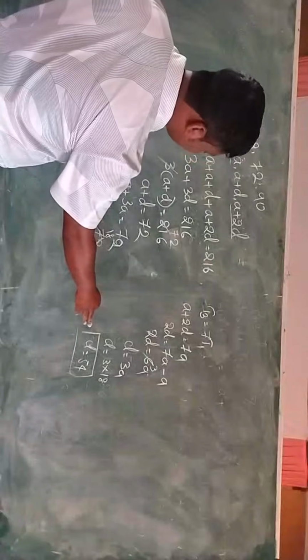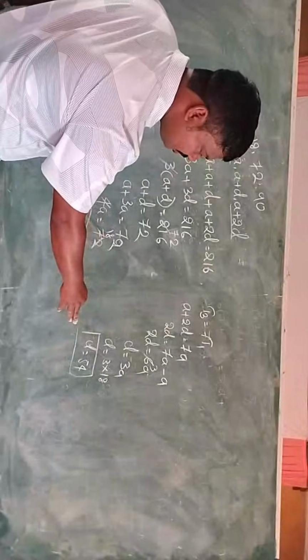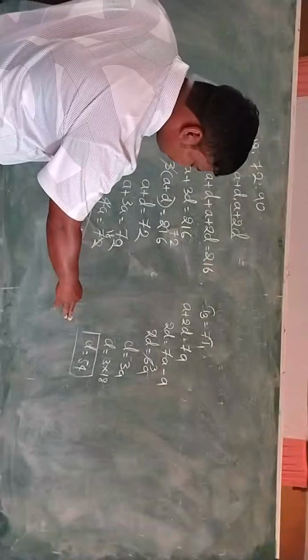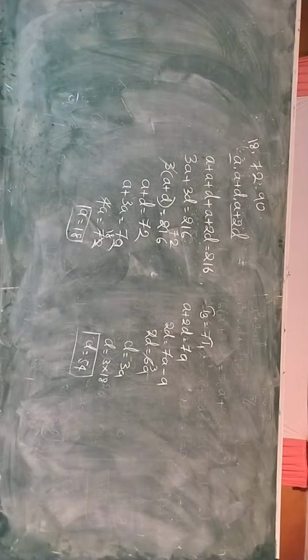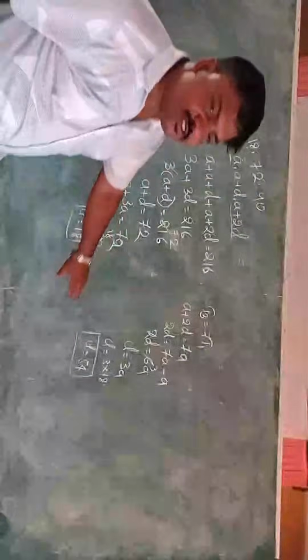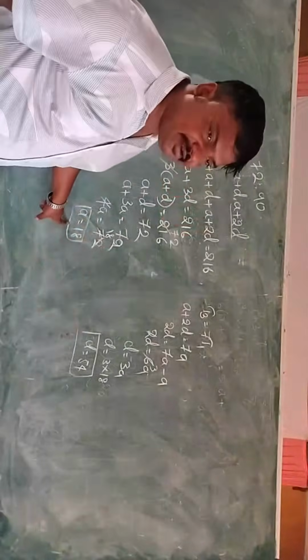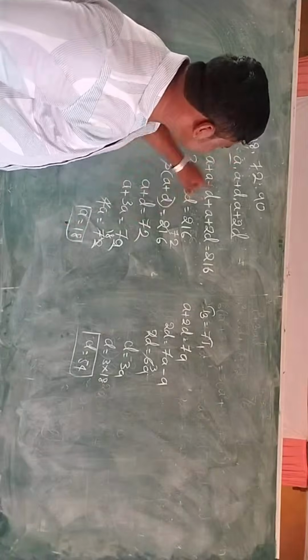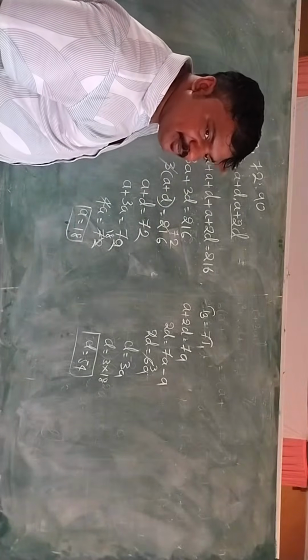Common difference is 54. Correct. a plus d: 18 plus 54.